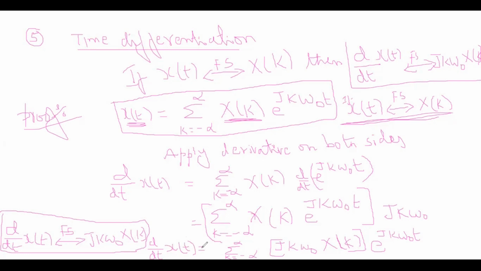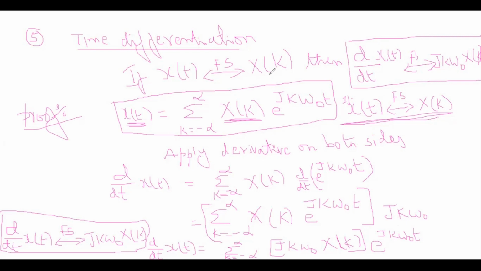The d by dt of x of t is equal to the sum of k equal to minus infinity to infinity j k omega naught x of k e power j k omega naught t. Understood, my dear students? Here the time is differentiated, d by dt of x of t. If they ask for frequency differentiation, you can apply d by dk with respect to the frequency.